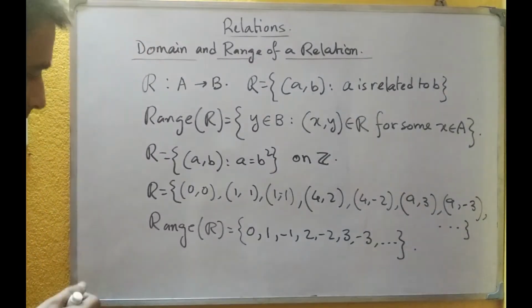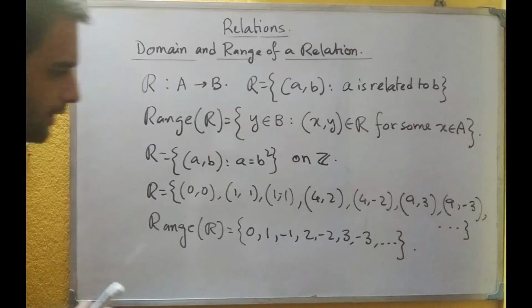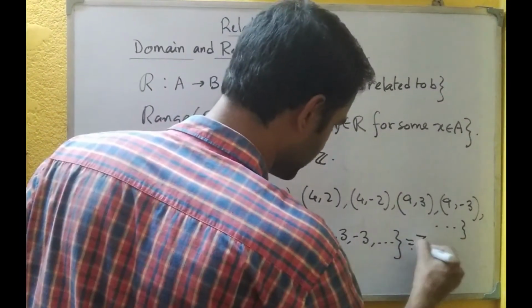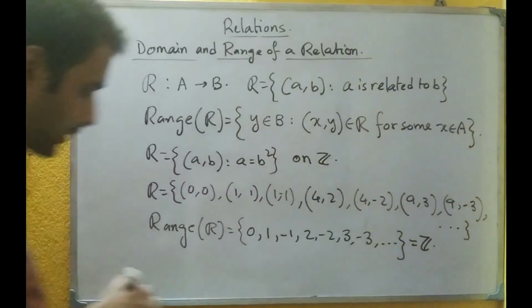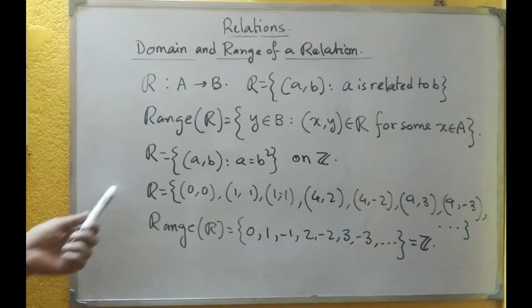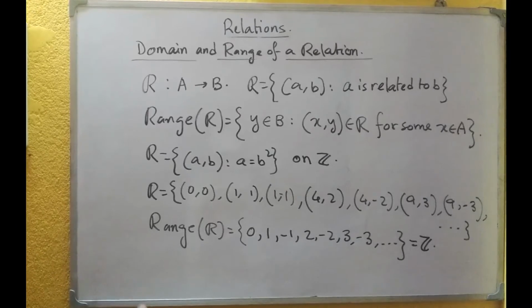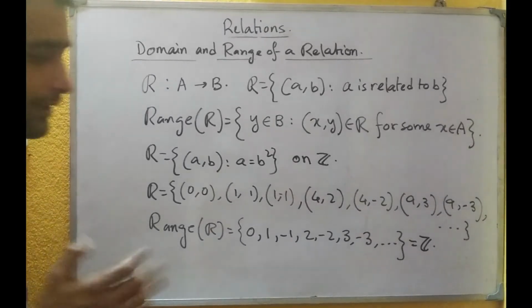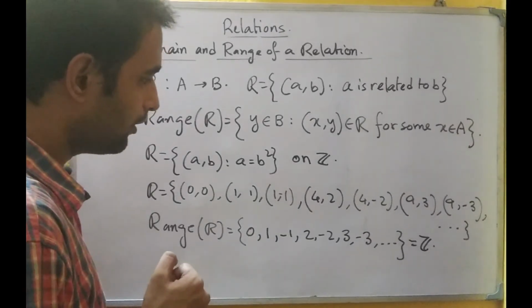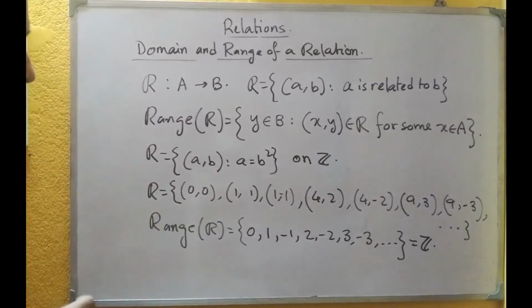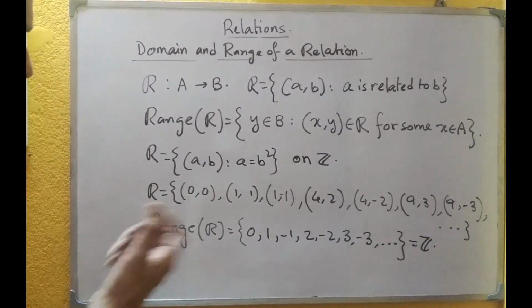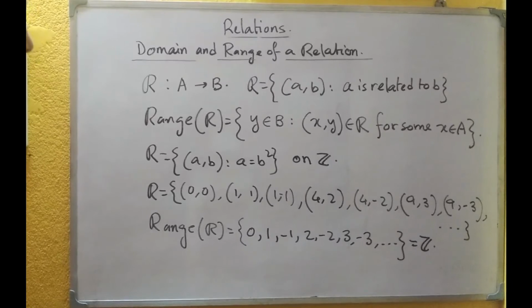So from this we can say the range here should be the set Z, because whenever we are taking some perfect square, after the root we will get some integer number, either a positive integer or a negative integer. Okay. So in this way we can find the range of the relation R.